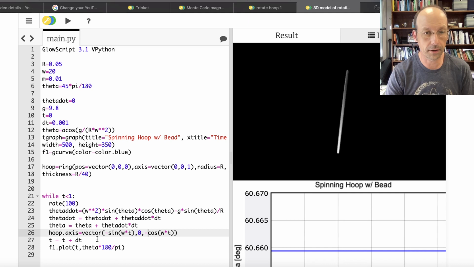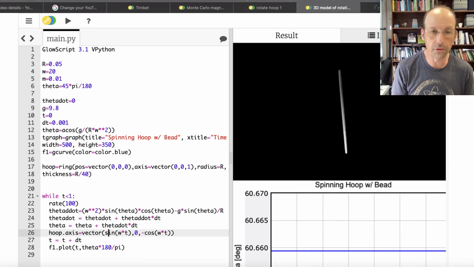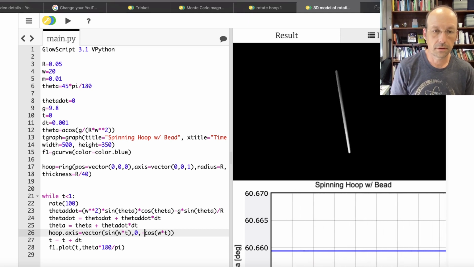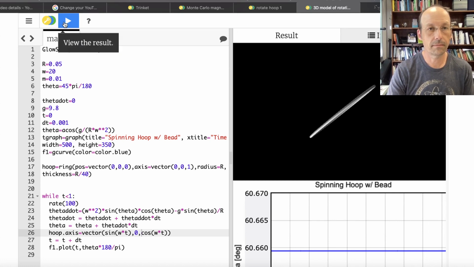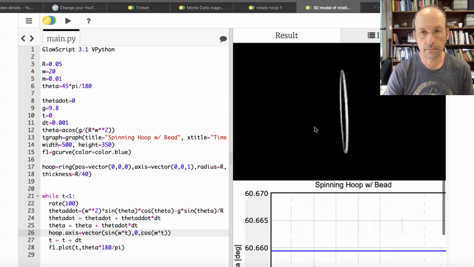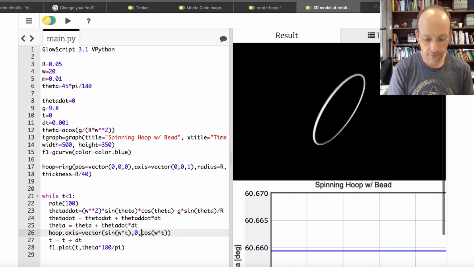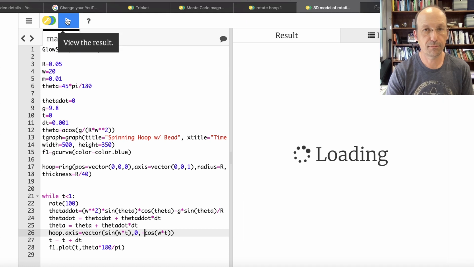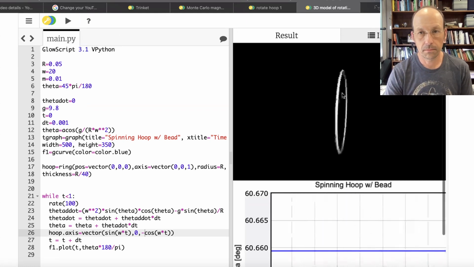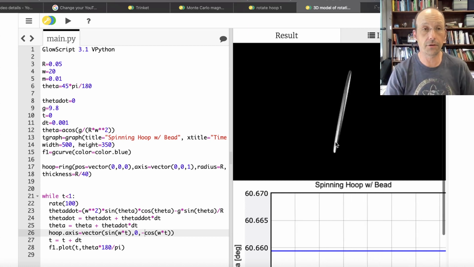No, I had it right the other way. It was an optical illusion. Okay, I have to change one of them to be negative. Now it's rotating the way I like it. That's the way I had it in my mind in the other case.